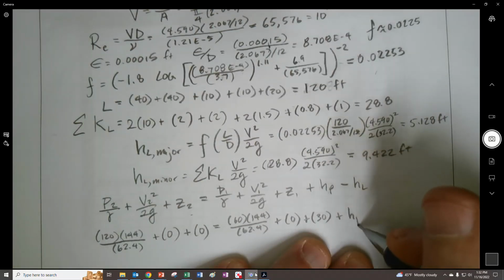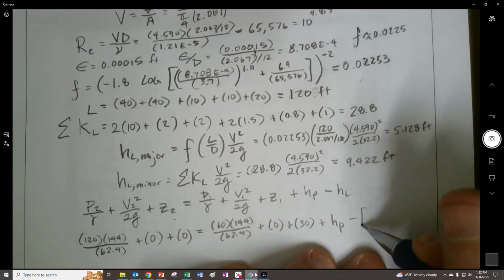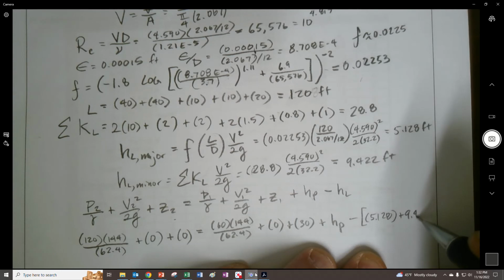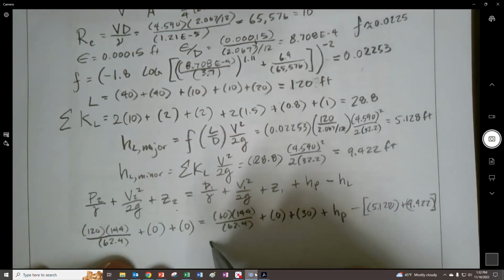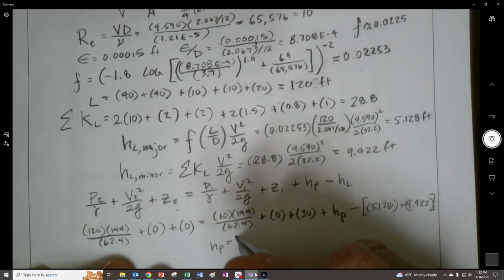Here's the thing we want to find, this pump head, and then we're going to subtract out the 2 loss heads, 5.128 and 9.422. And so what we end up finding is we have a pressure head created by the pump of 123 feet.